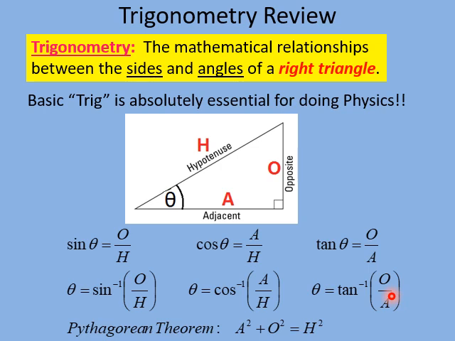And then, of course, the last and arguably most important characteristic of any right triangle is the Pythagorean theorem, which says that the adjacent side squared, A squared, plus the opposite side squared, O squared, gives us the hypotenuse squared, H squared.